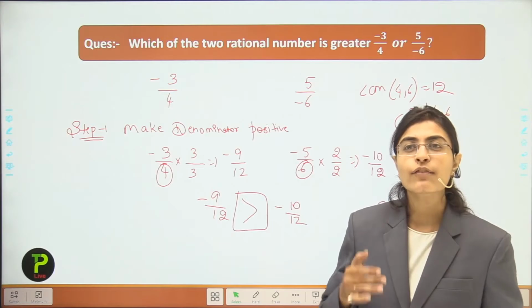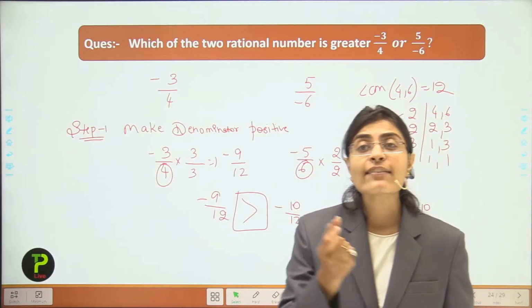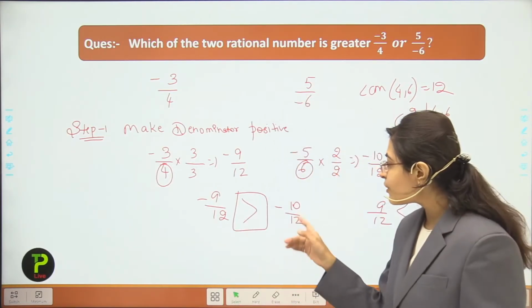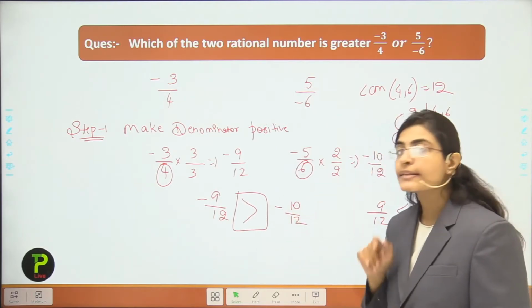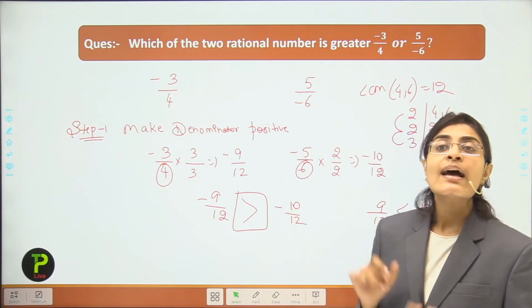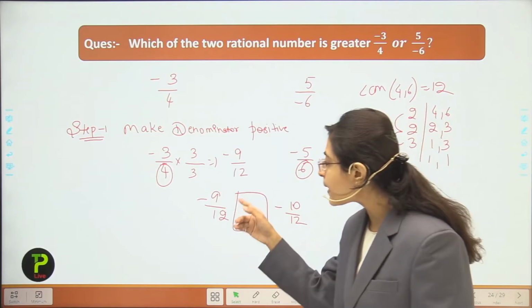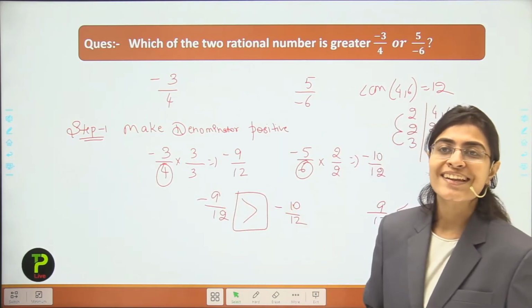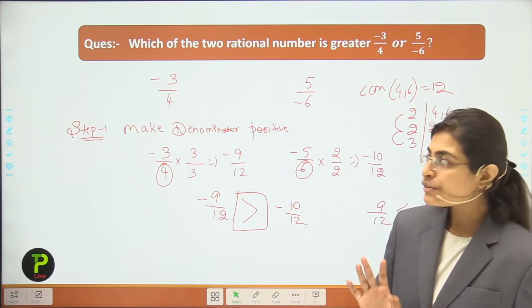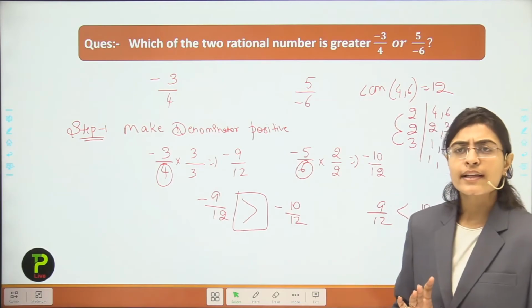So in negative, the greater the number, the lesser will be its value. So 10 is greater, which means minus 10 is less. So minus 9 by 12 is greater than minus 10 by 12. I hope these 2 points are clear to you.